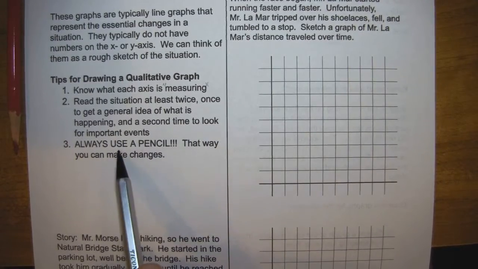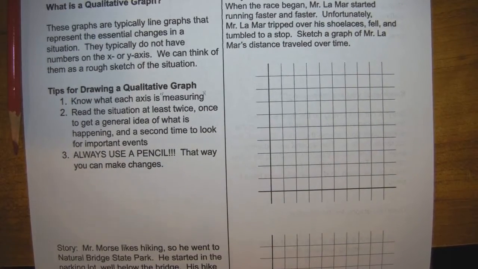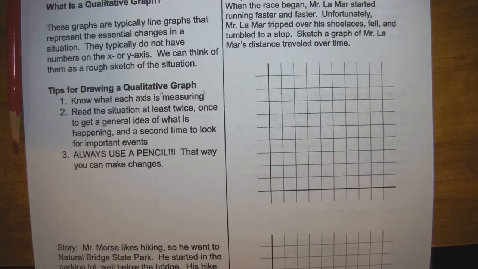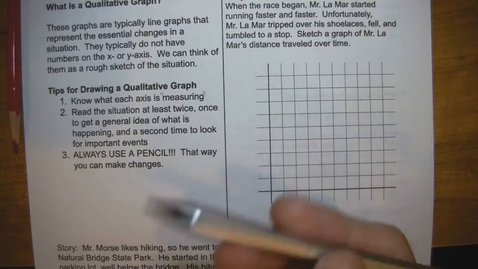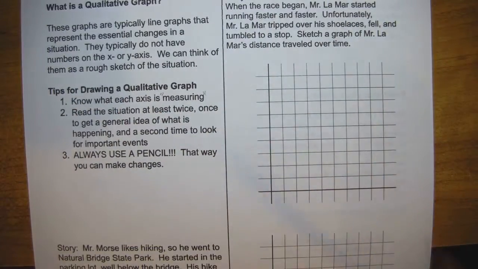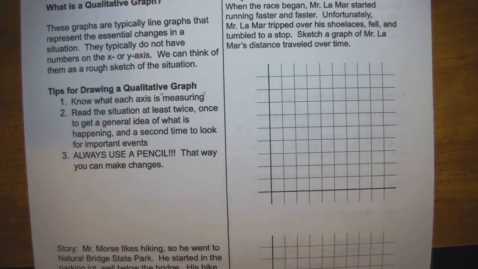And finally, I recommend that you always use a pencil. That way you can make changes, because inevitably you'll make a mistake, and that's all right, but you want to be able to change those issues and make them correct. You can use just a standard pencil if you want. I'm going to use a red pencil just because it'll show up a little bit better on the video, and I can still erase.